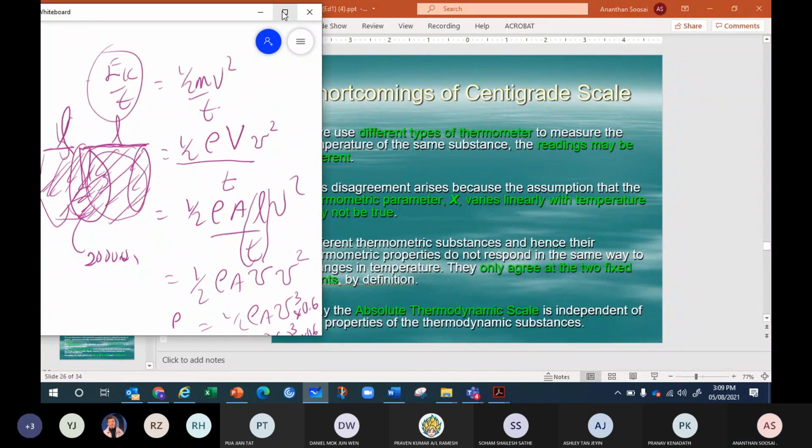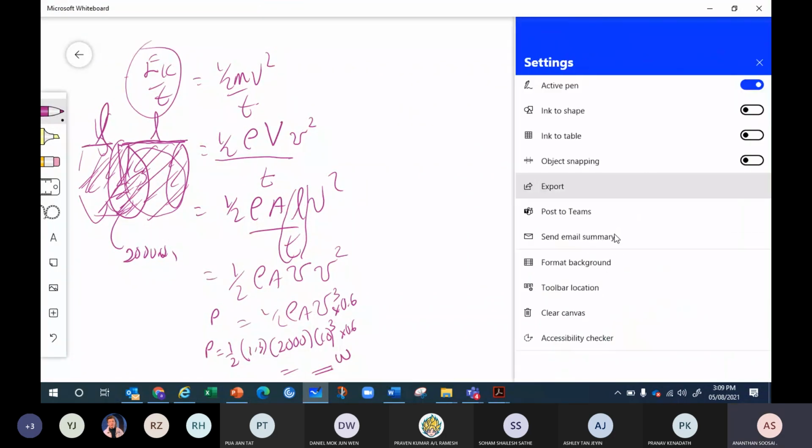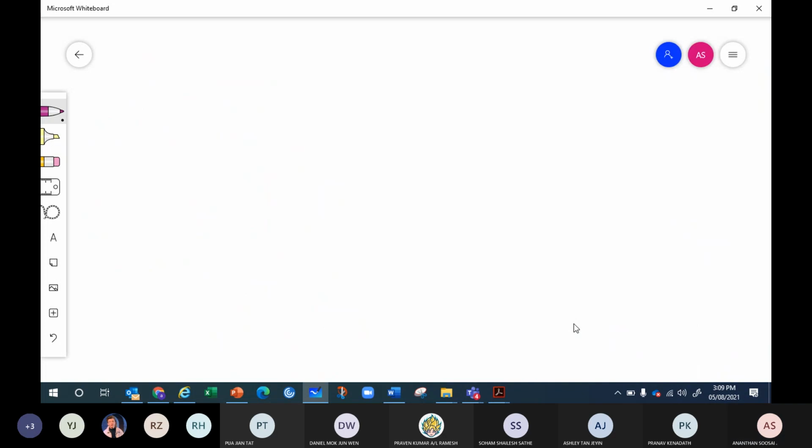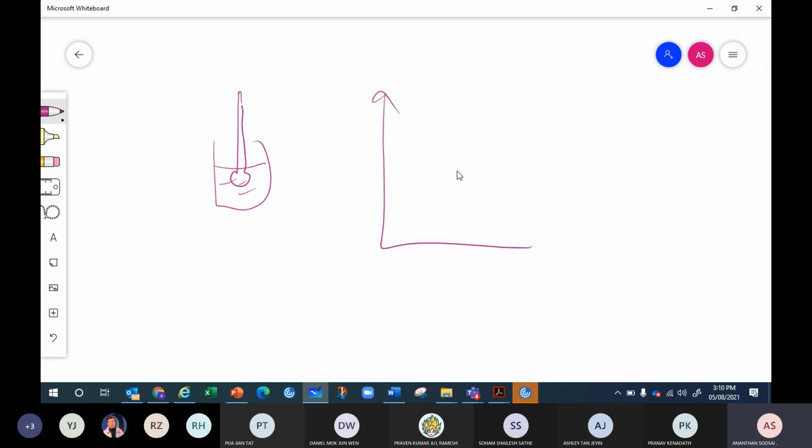Okay, take mercury in glass, between 0 and 100, for example on the whiteboard. Okay, so if you put a mercury thermometer in the solution, we only get two fixed points. We get L0 at 0, and L100 at 100. So we make it a straight line, but in reality, we get all the other readings.